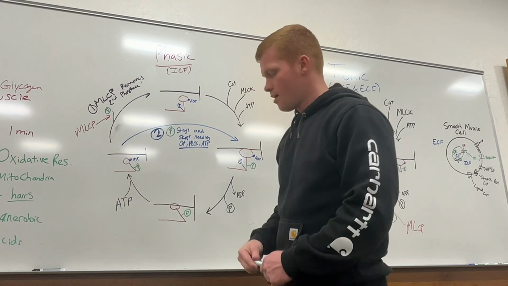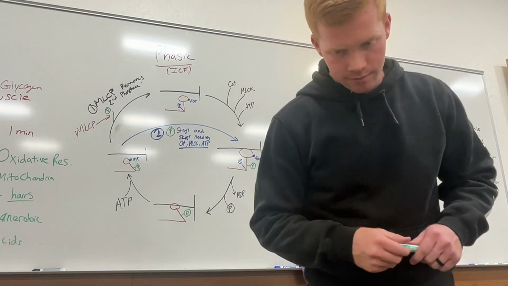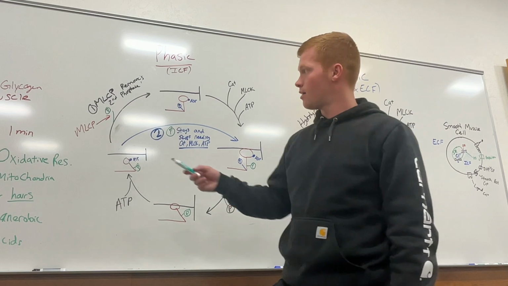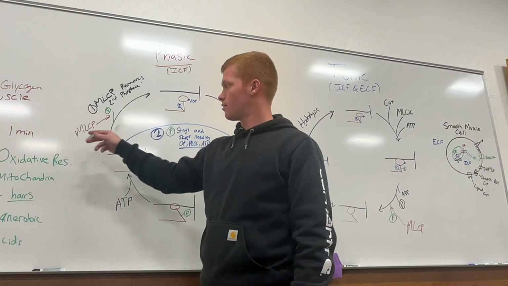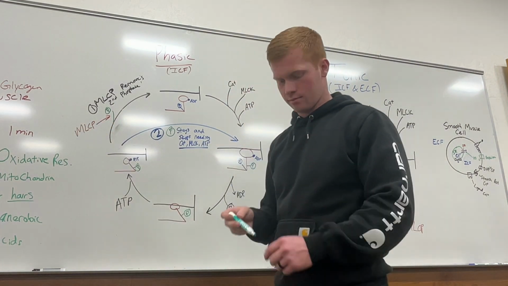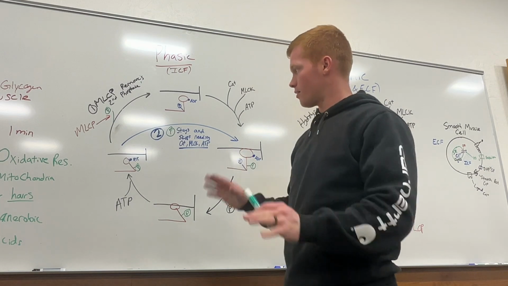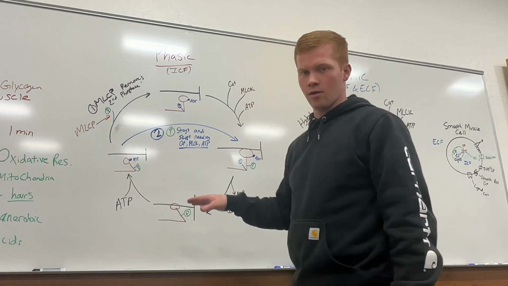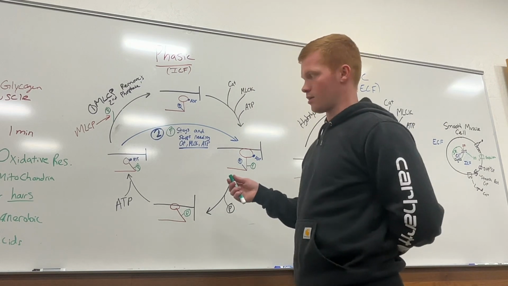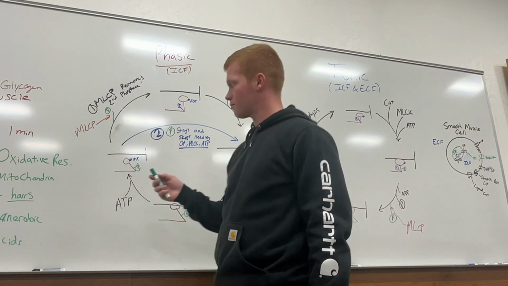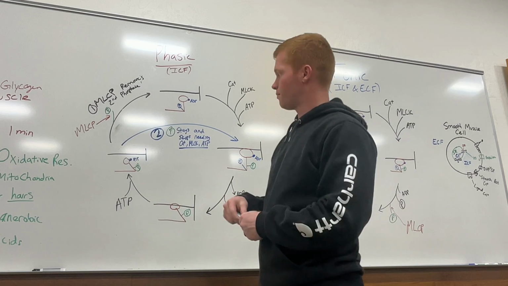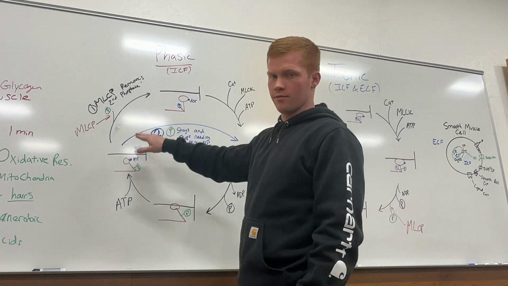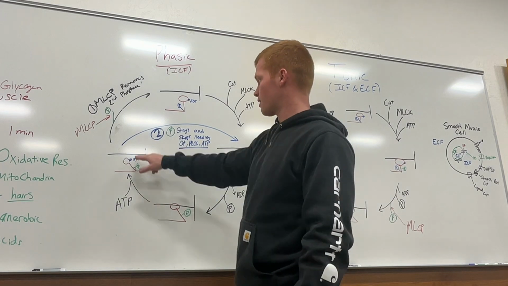But if there's a lot of calcium, it's going to inhibit rho kinase, and if rho kinase is inhibited, there's going to be a lot of MLCP going around. But in this case, let's just say there's not a lot of MLCP and not an abundant amount of calcium, so the phosphate is not going to get snipped off very often.